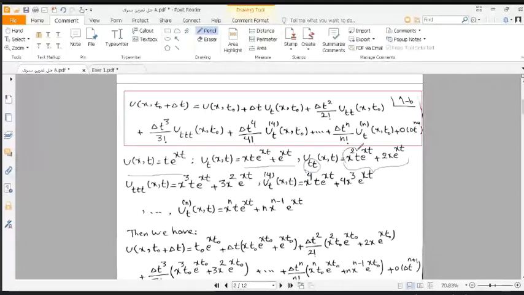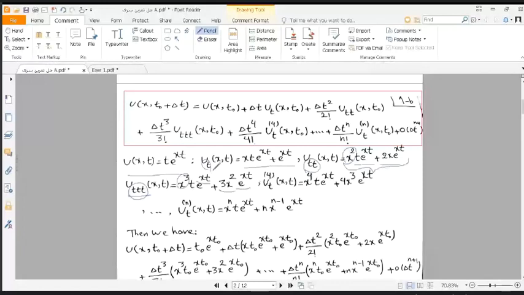When we compute the third derivative of u with respect to t, or uttt, the solution is x cubed t e to the power xt plus 3x squared e to the power xt. For the first derivative, we have x to the power 1.